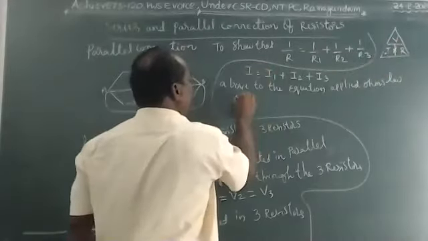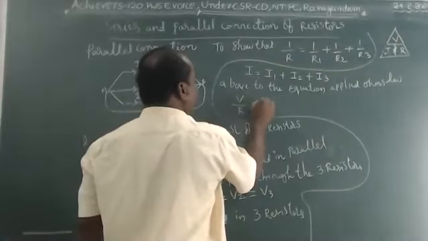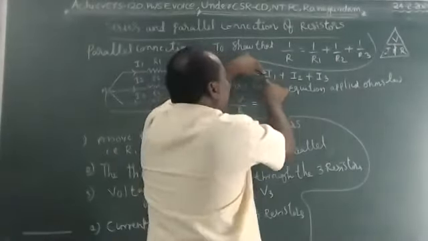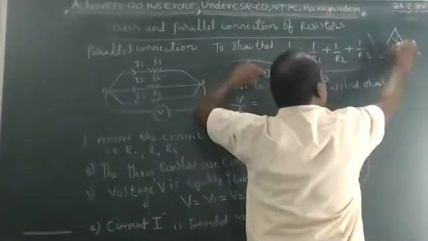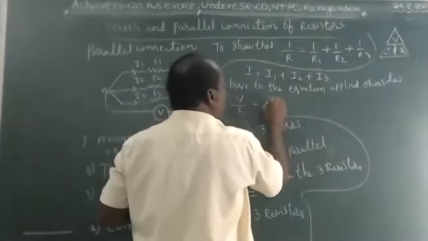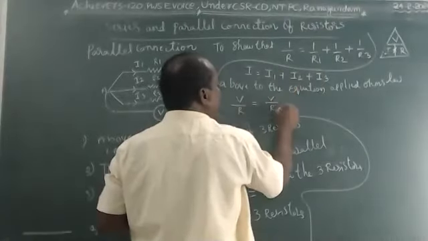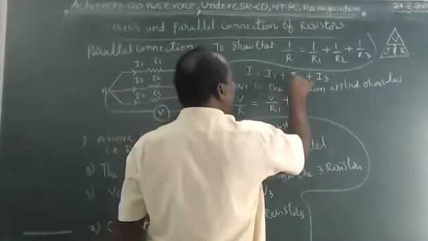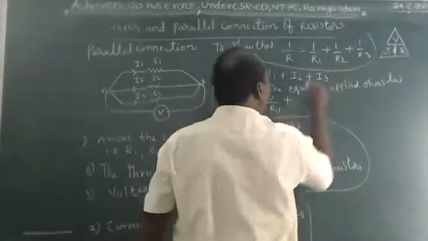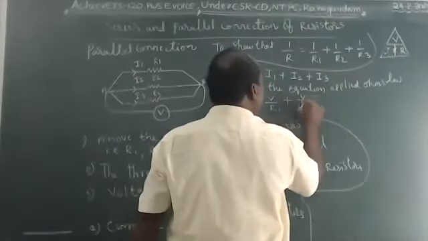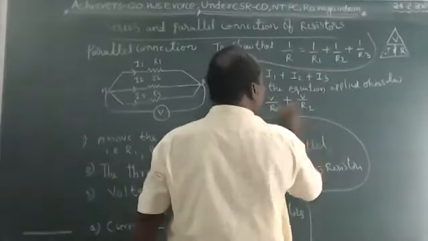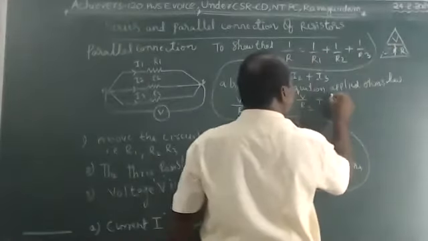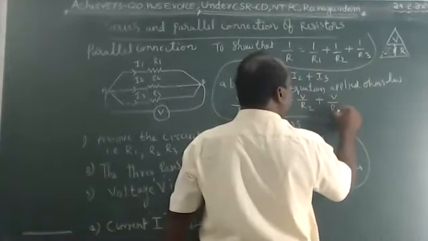So V by R equals, again I1, which is V by R1, plus I2, which is V by R2, plus I3, which is V by R3.